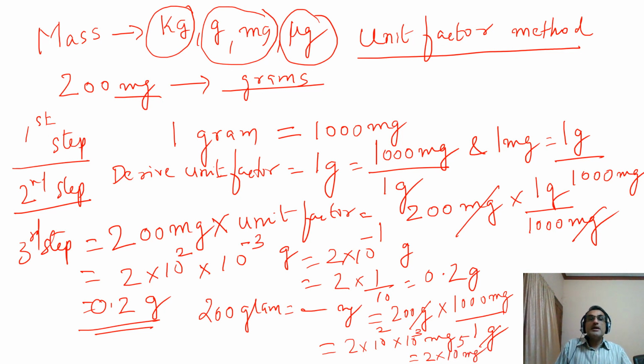My answer, in this case, is 200 grams equals 2 into 10 to the power of 5 milligrams. So this is the way to do it. So the unit factor method is a systematic method of finding out the final result in the desired unit.